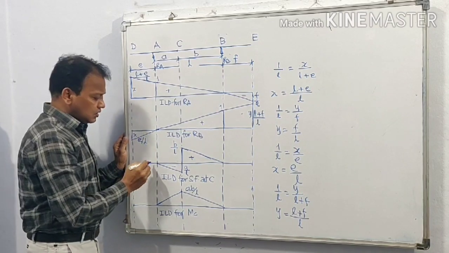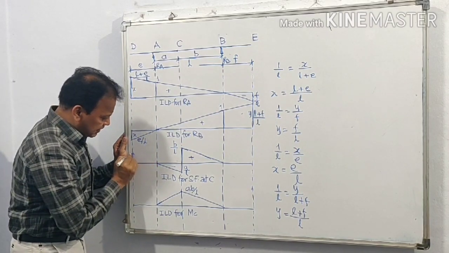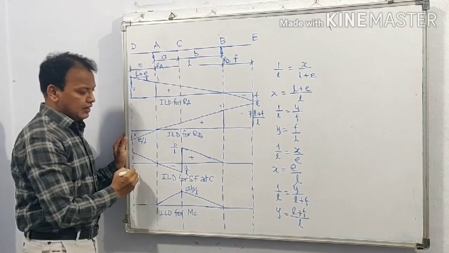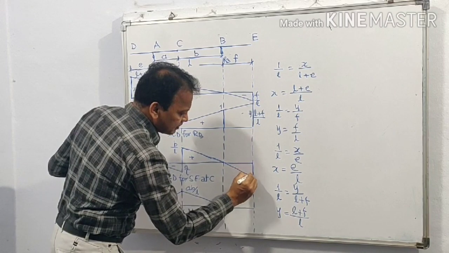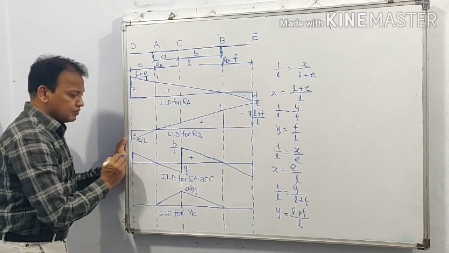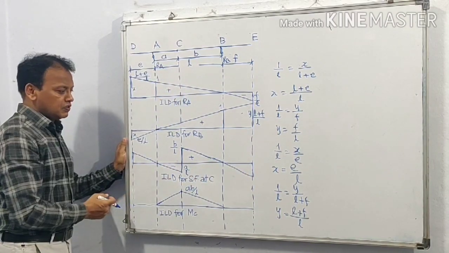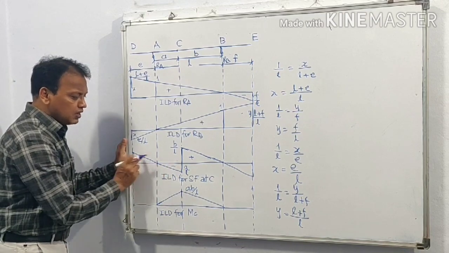Here also, simply by extending this line on the left hand side and on the right hand side, we can draw the influence line diagram for shear force at C. Again, these two are similar triangles.